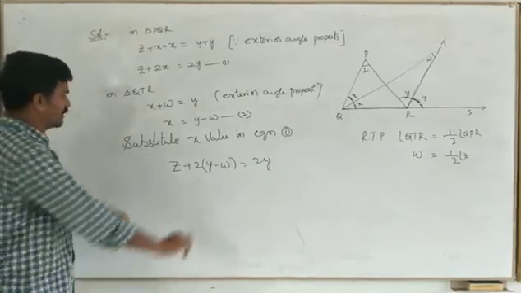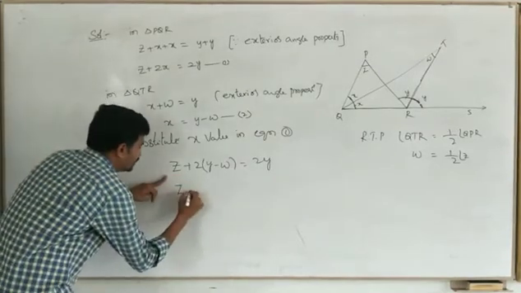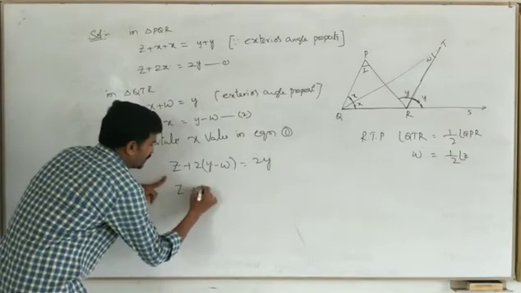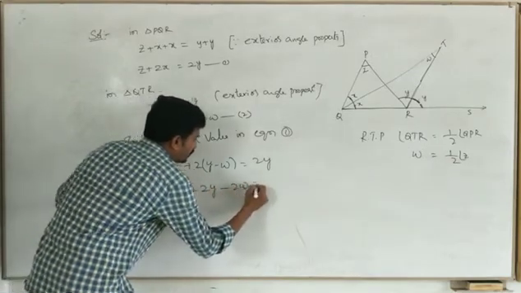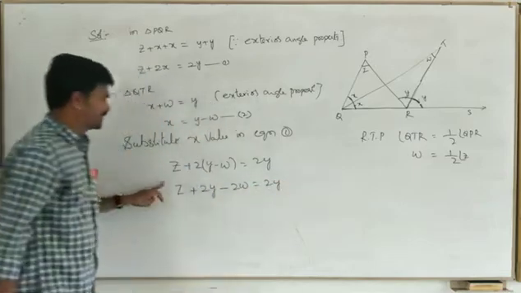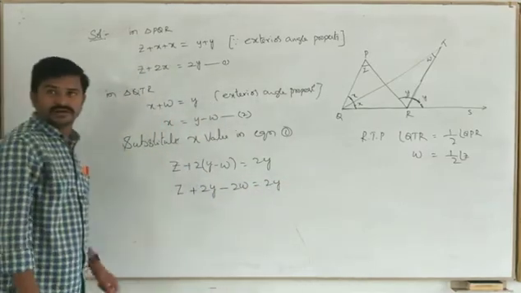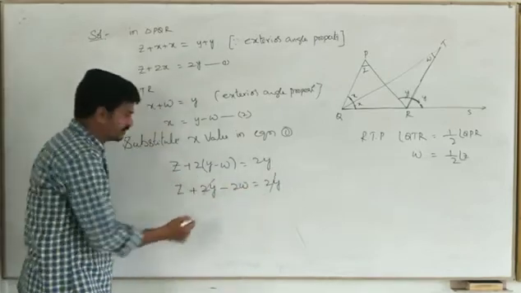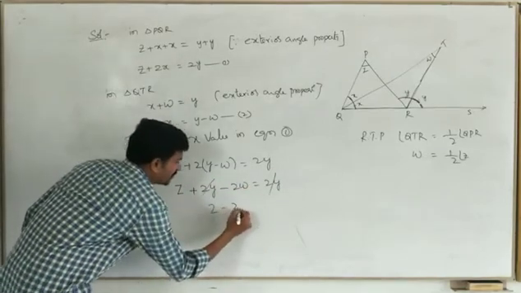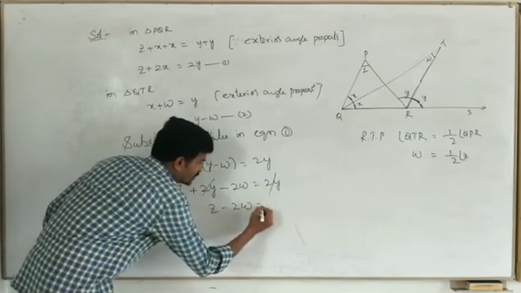Are you clear? And now multiply. Z plus 2y minus 2w equals 2y. Are you clear? And then this 2y will get cancelled, or not? What is there? Z minus 2w is equal to 0.